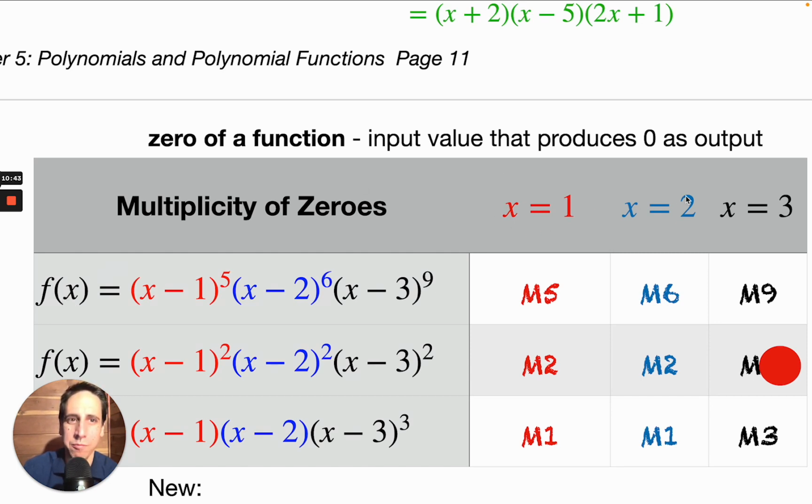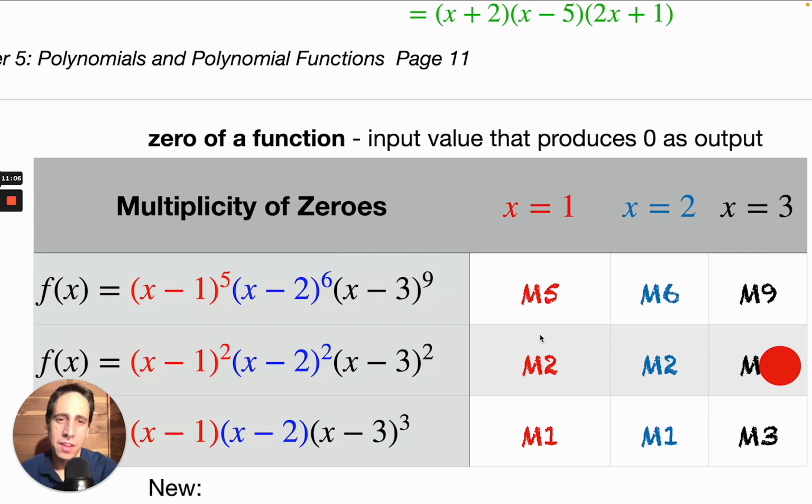These zeros have multiplicities. So there are 3 different zeros, and I'm going to list them here, red, blue, black. In this function, the 0 of 1 has a multiplicity of 5. The 0 of 2 has a multiplicity of 6. The 0 of 3 has a multiplicity of 9.